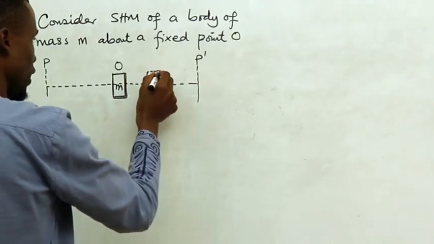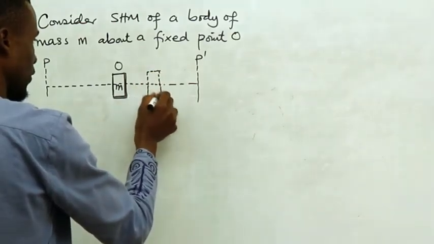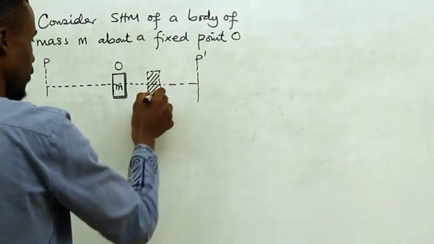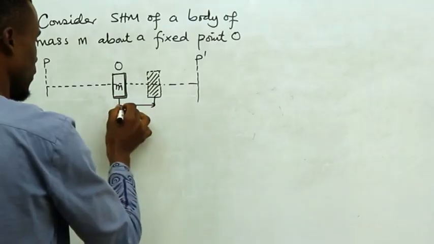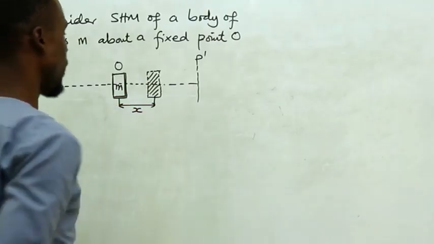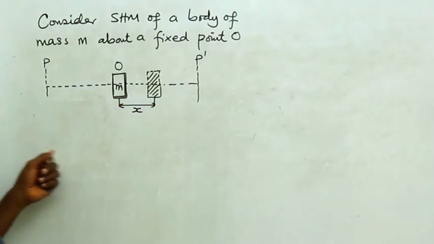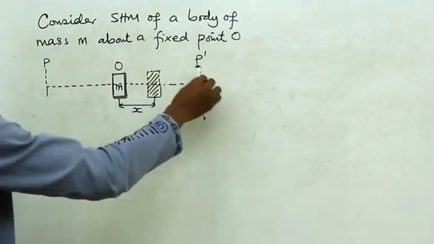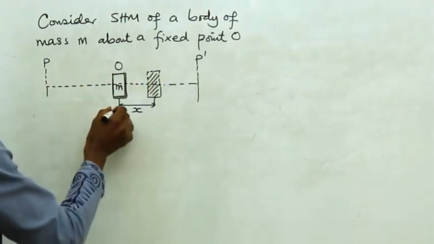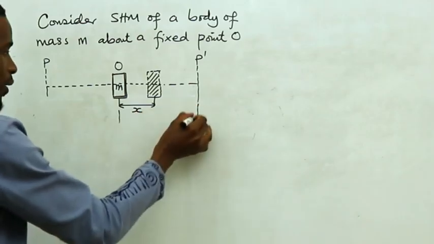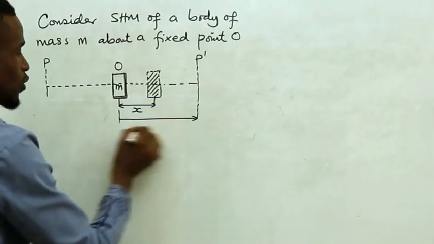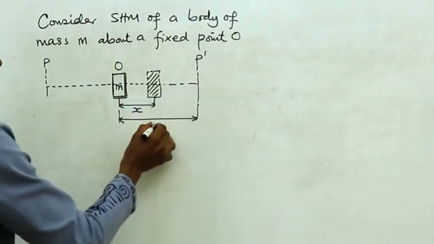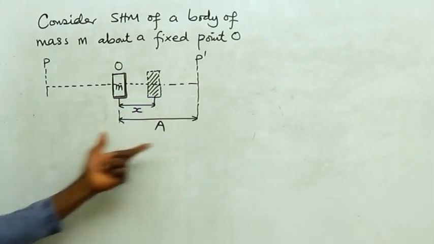We take it through a displacement x. Not really giving it, but of course it's moving. The amplitude is from the equilibrium position to the point where it stops momentarily before returning. This part here is the amplitude.